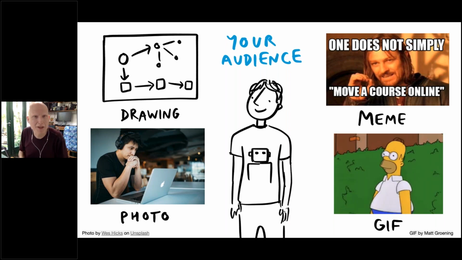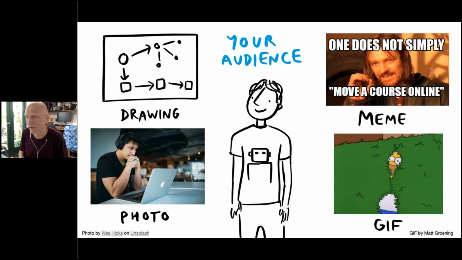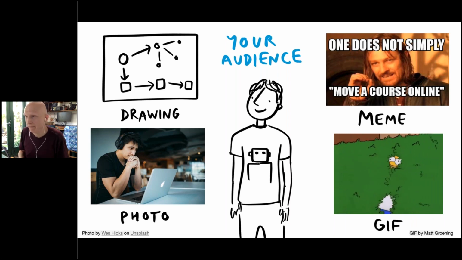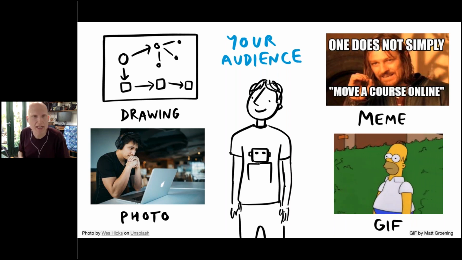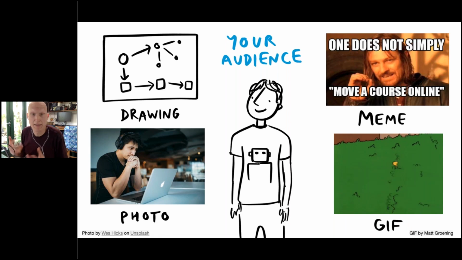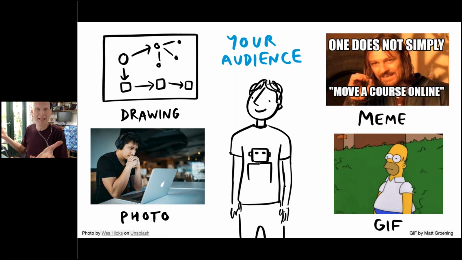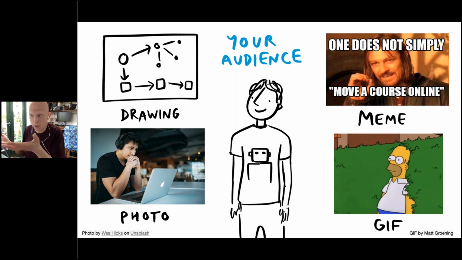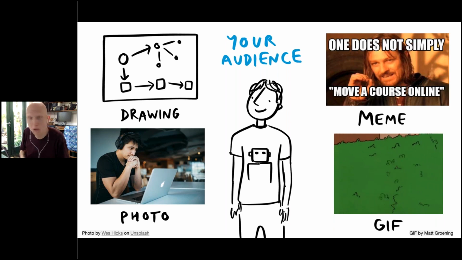But who is this person? Well, for starters, looks like a guy. Does the person have the same ethnicity as the people I'm trying to reach? Is that important? Is the person on a Mac laptop, probably a $2,000 laptop?